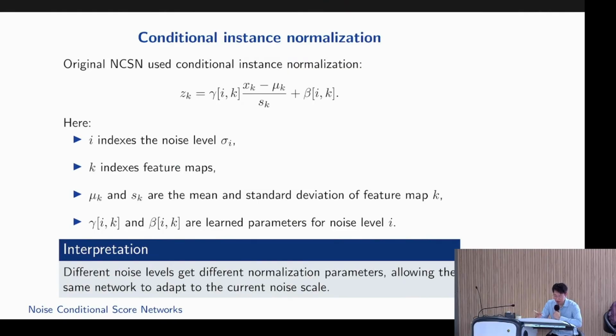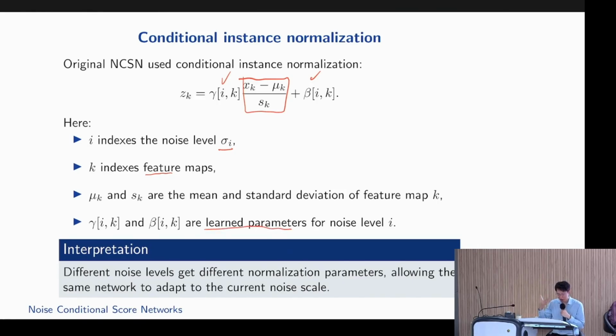Conditional instance normalization, as opposed to just having this term here, they introduced this gamma and beta term. Gamma_i here is indexed by the noise level sigma_i. k is the feature map index. And these are going to be the learned parameters for each noise level.